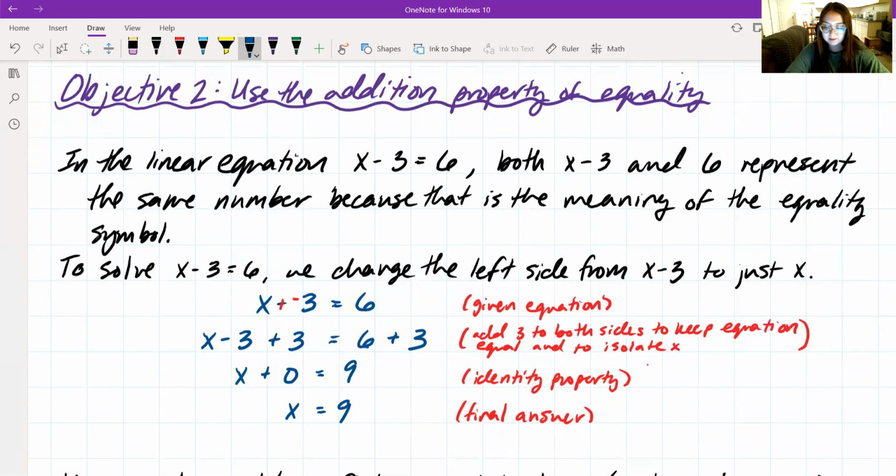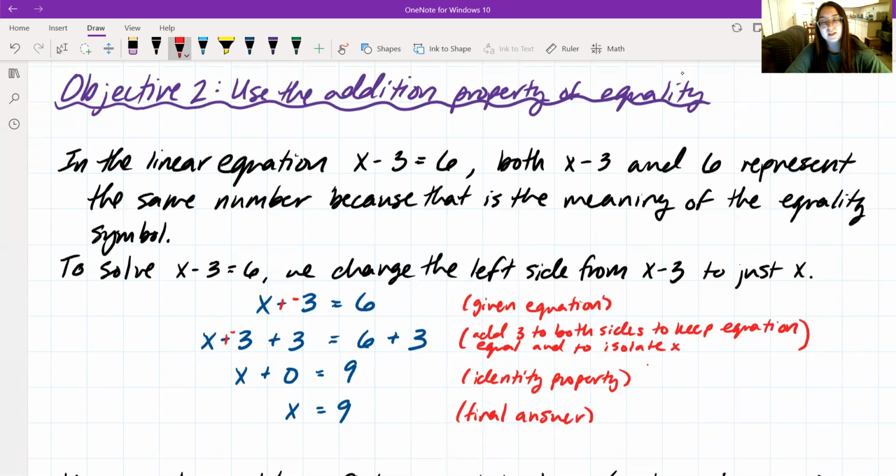So we add 3 to both sides to keep the equation equal and isolate x. Since we had a negative 3 plus a positive 3, that leaves us with x plus 0. On our right side, we had 6 plus 3, which is now 9. That gives us our final answer, x is equal to 9.